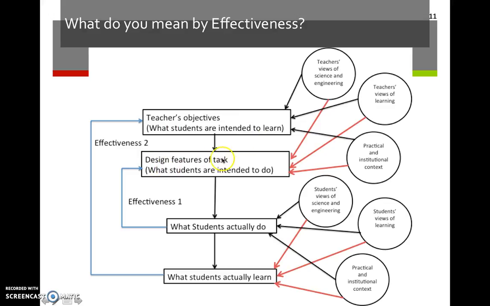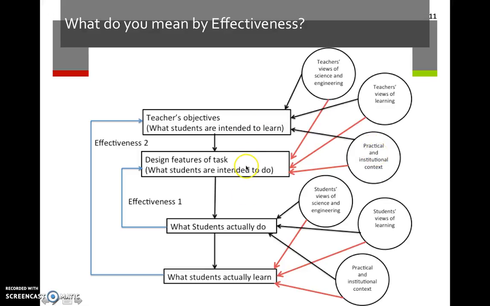Similarly, the design features of the task, which again are decided by the teacher's views, decide what the students are intended to do. So the teacher's views of science and engineering and the teacher's views of learning lead to the teacher's objectives and the design features of the task. Similarly, what the students actually do and what students actually learn depend on the students' views of science and engineering and students' views of learning, and also the third component, the practical and institutional context.